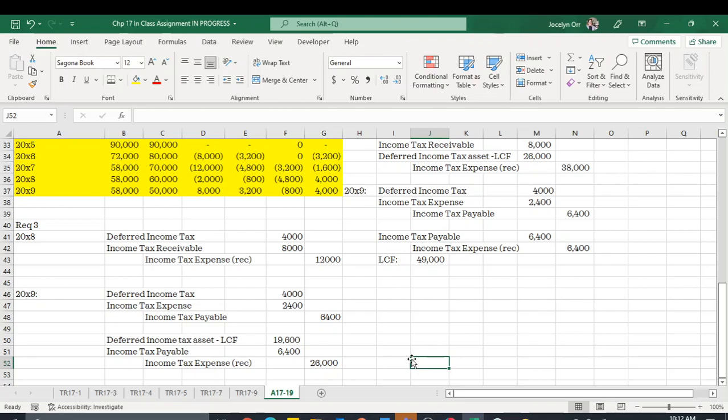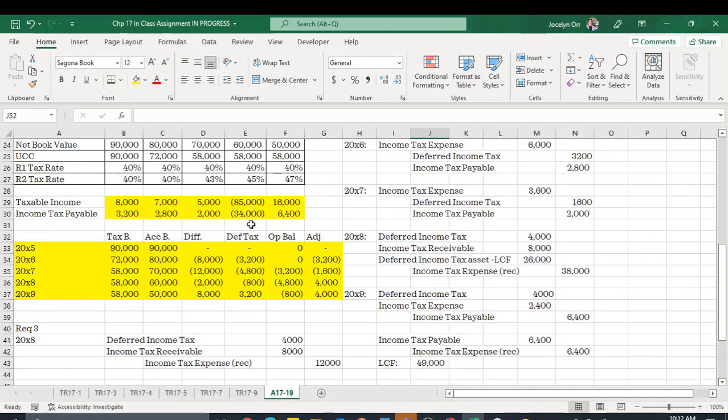So now we can go back and look at requirement 2, and this is based off of the fact that we have a change in tax rate.